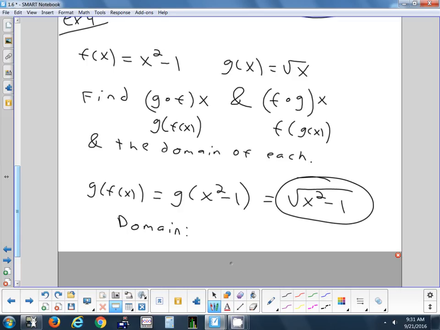Now, the new part is I want you to tell me the domain. Start with the inside function. Look at f of x. Are there any numbers that you should be careful with that you couldn't use in f of x? What do you think, Luke? Negative. Actually, negative's okay.